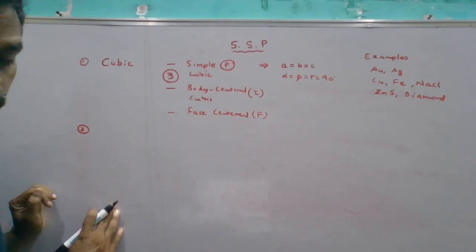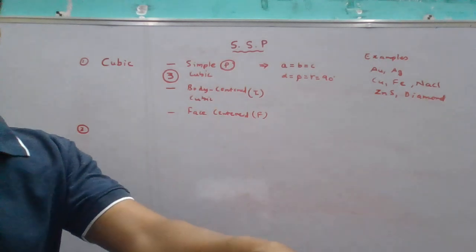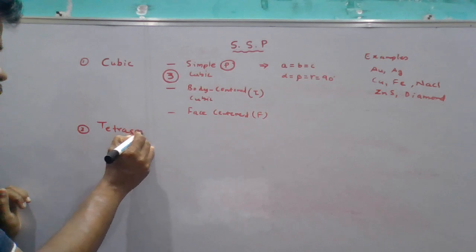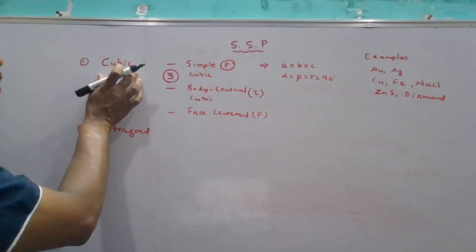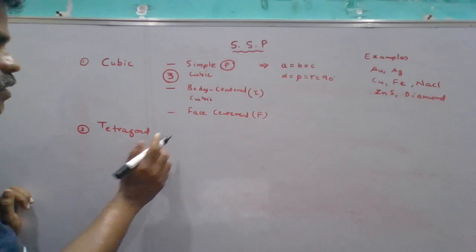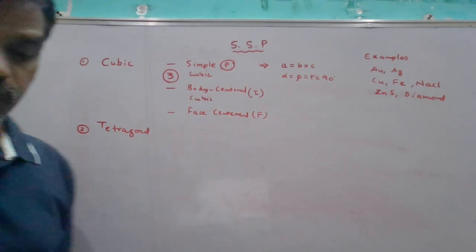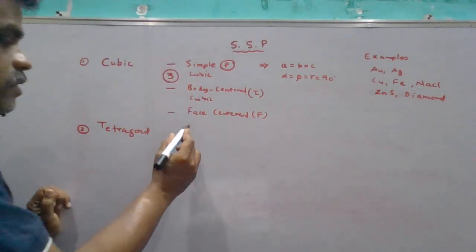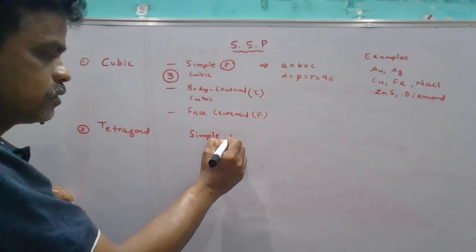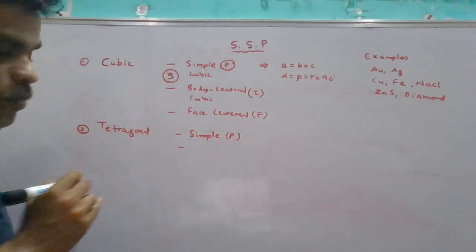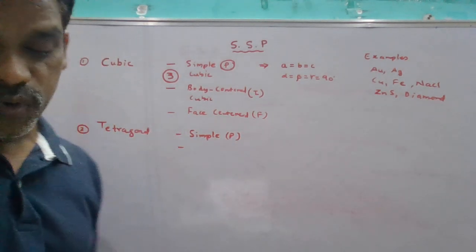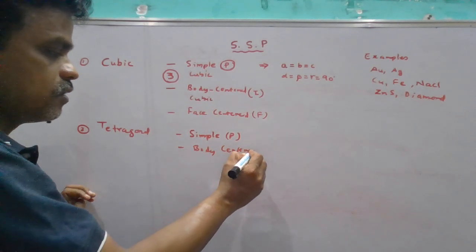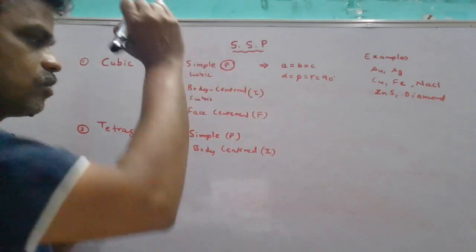Next one is tetragonal. I discussed the cubic crystal system, now the tetragonal system. The Bravais lattices for this system are simple tetragonal and body centered tetragonal.